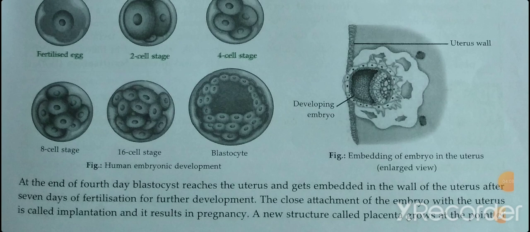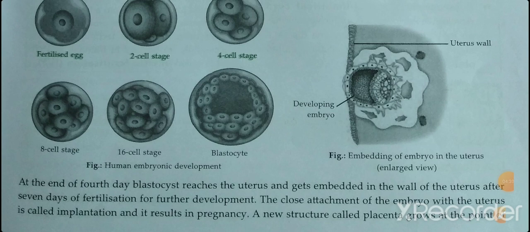After attachment of the embryo to the uterus wall, a new structure called the placenta grows from the uterus wall and reaches the embryo, which is going to be the future baby, and connects to the baby through the umbilical cord.